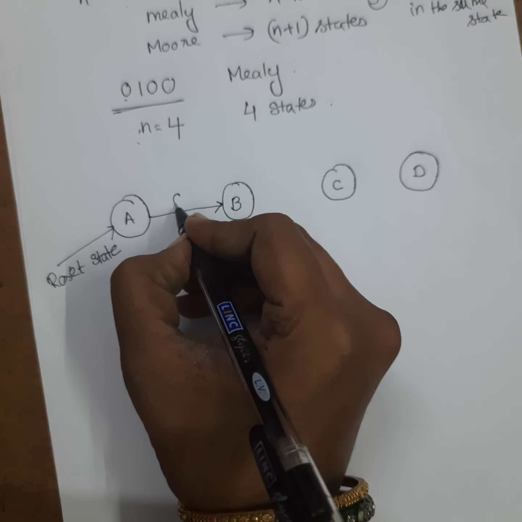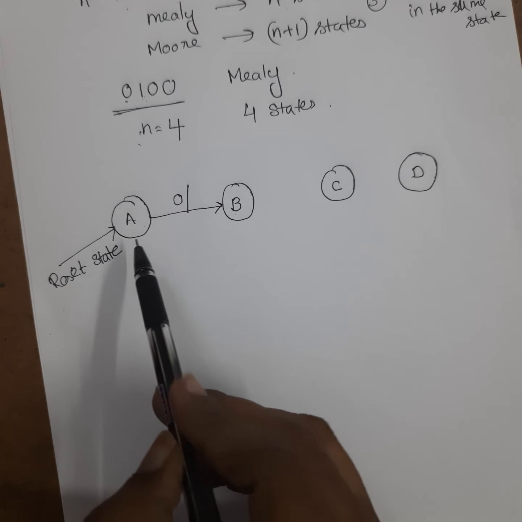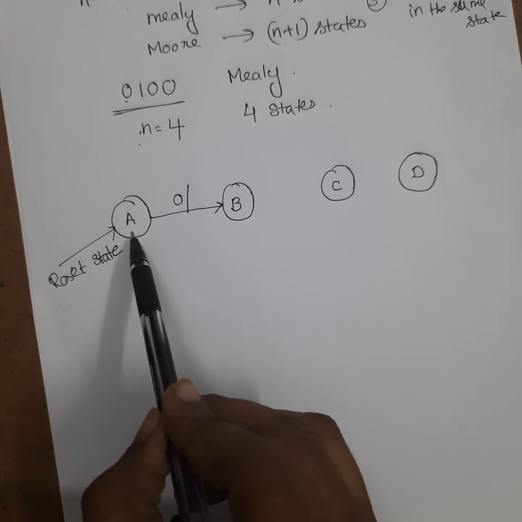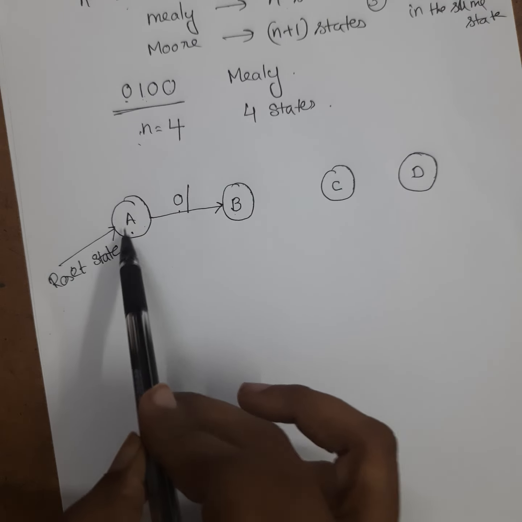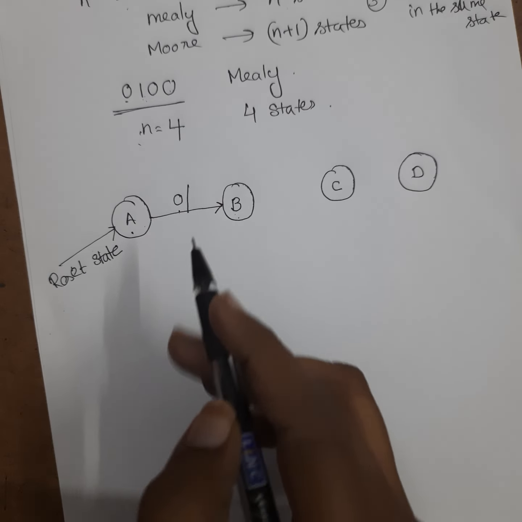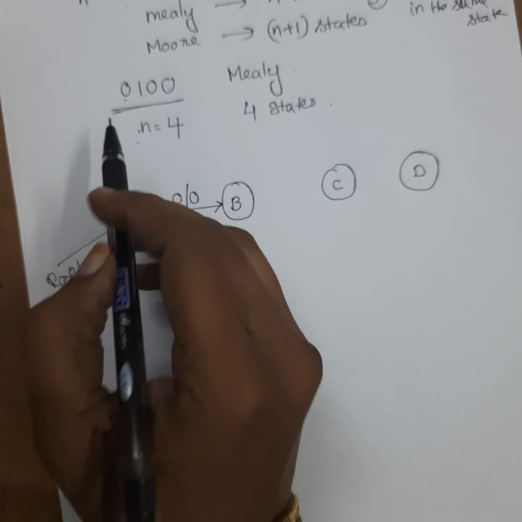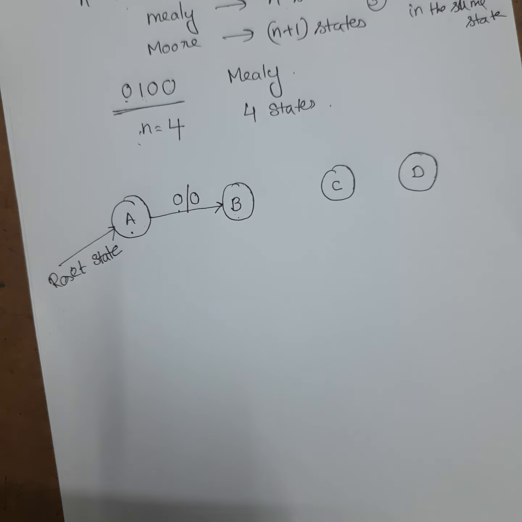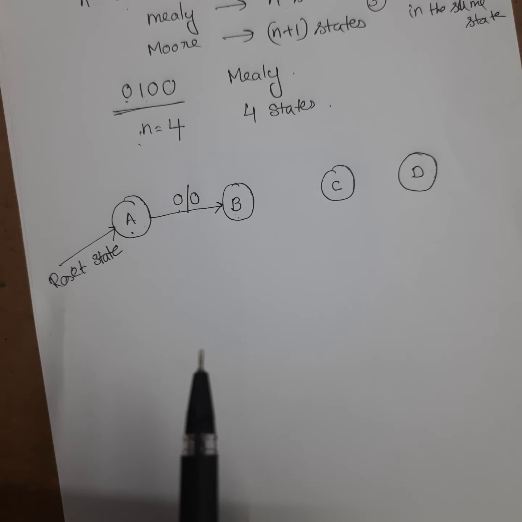So for the Mealy machine, this is the present state. Whenever the input is 0, it goes to the next state and the output is 0. Only when the complete required sequence is detected should the output of the sequence detector be 1.